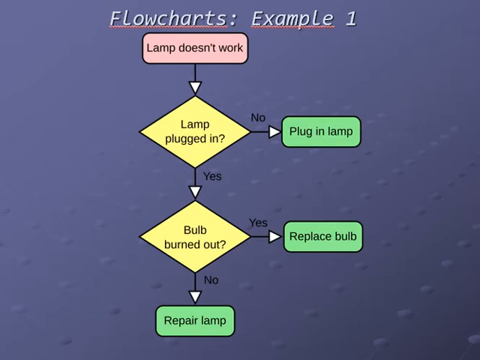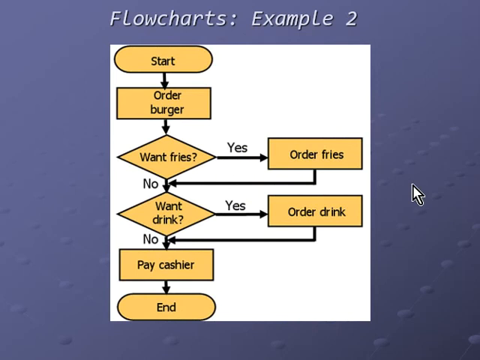Another typical example is when we go to buy a burger, for example at McDonald's or a shop. The person there selling the burgers is following some instructions. These instructions can be described in this flowchart. When you order a burger, normally they follow some instructions, like asking if you want fries. Depending on your answer, they order fries or not.